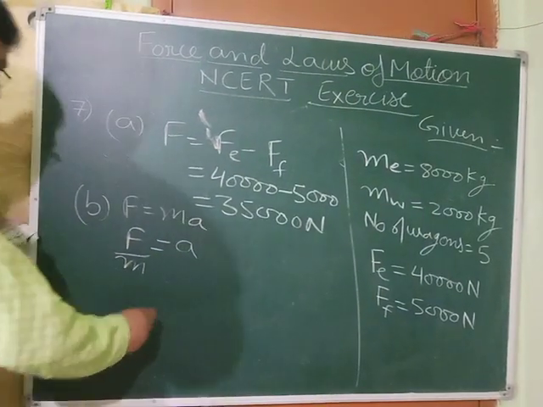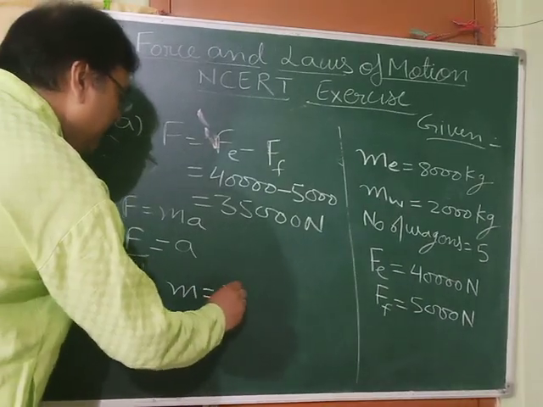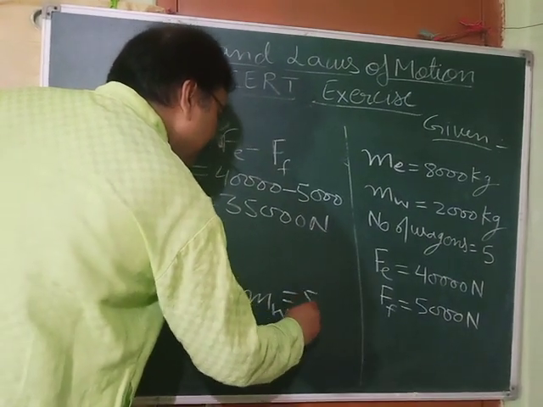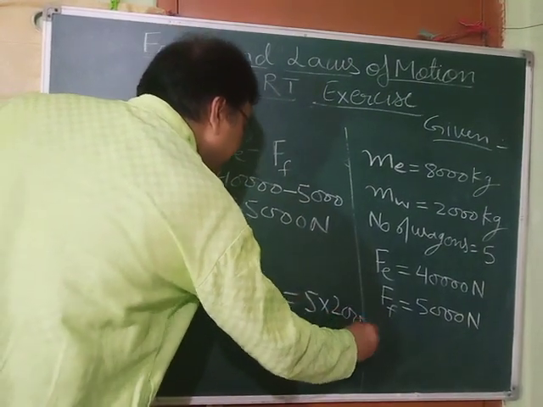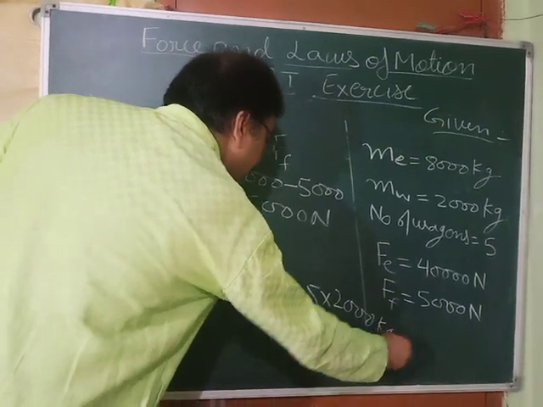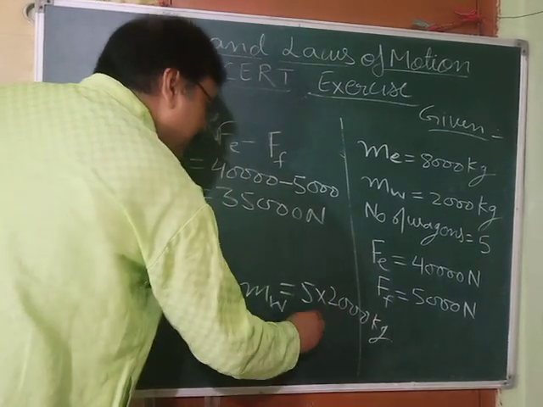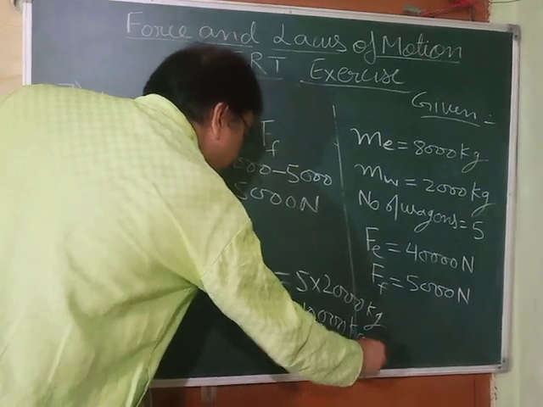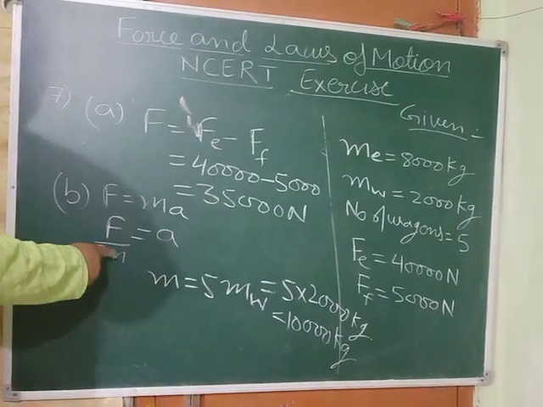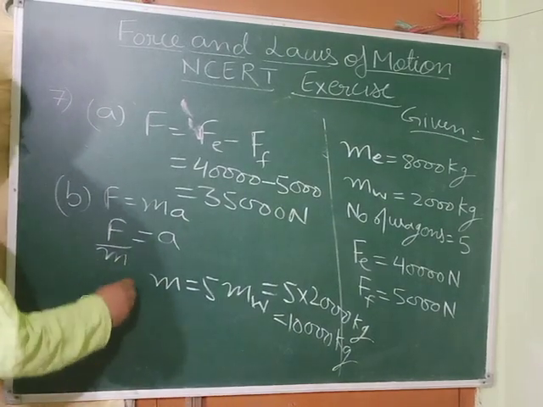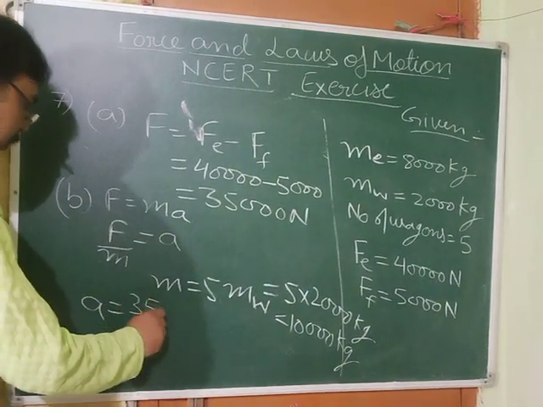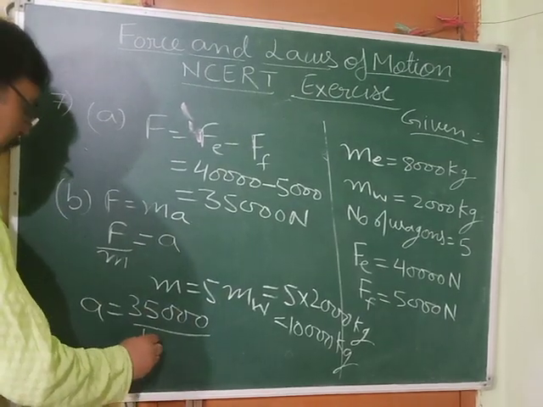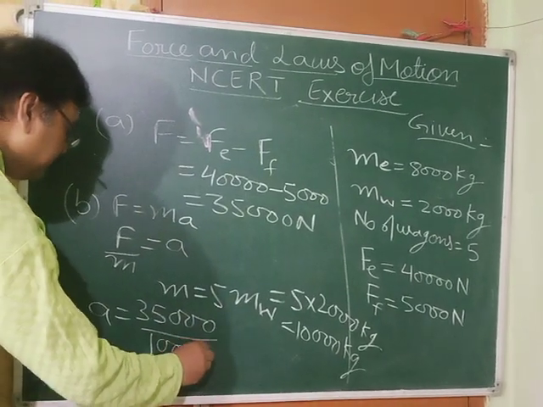M is equal to 5 mW, because 5 wagons are there. So 5 into 2,000 kg. How much will we get? 10,000 kg. So we have to put that over here. So we'll get acceleration is equal to force, 35,000, upon mass, 10,000.